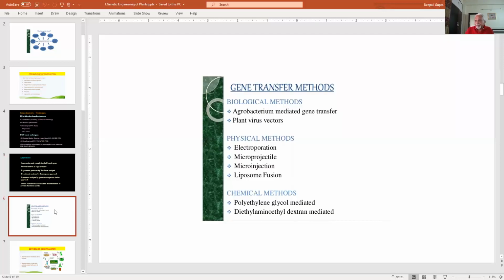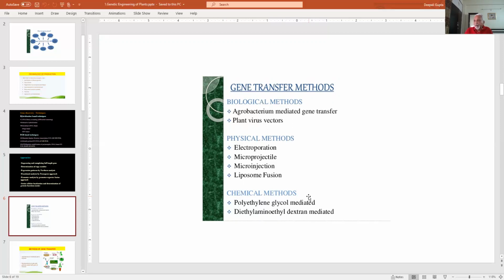Now, when we talk of gene transfer methods, actually there have been various approaches which have been used, and all of them have been classified into three main categories. You have biological methods, physical methods, and chemical methods.